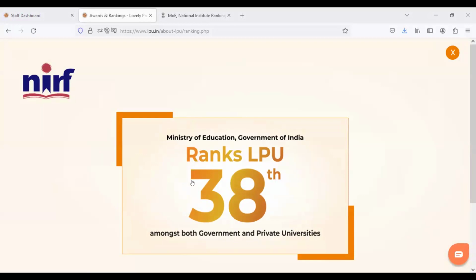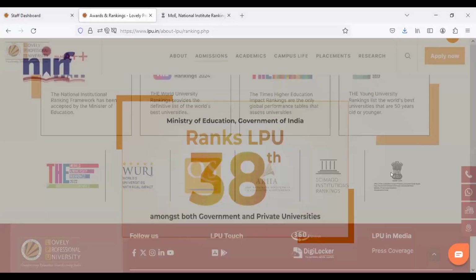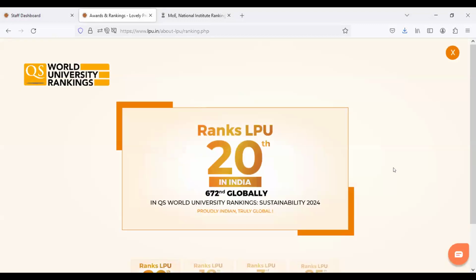And if you go deep into the QS ranking, the QS World University rankings are one of the most prestigious international rankings that assess the performance and popularity of institutions worldwide.